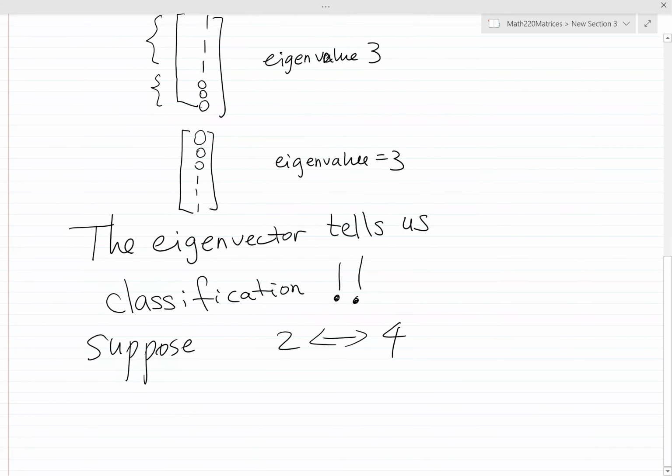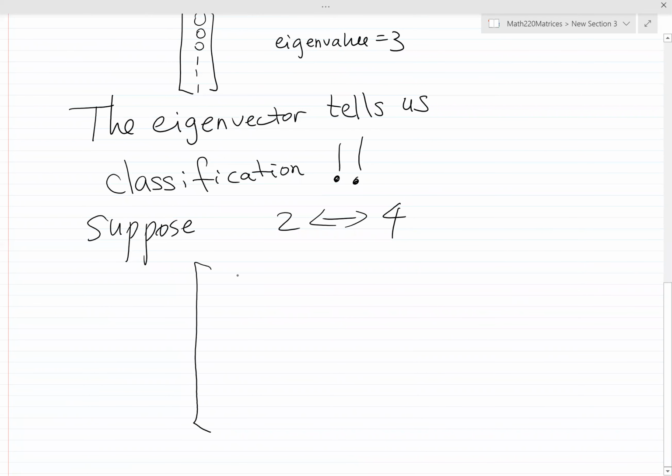Then the eigenvector will be y, 0, y, 1, 0, 0. You see, then you can conclude that y, 3, 4 are actually in one cluster. They are similar.